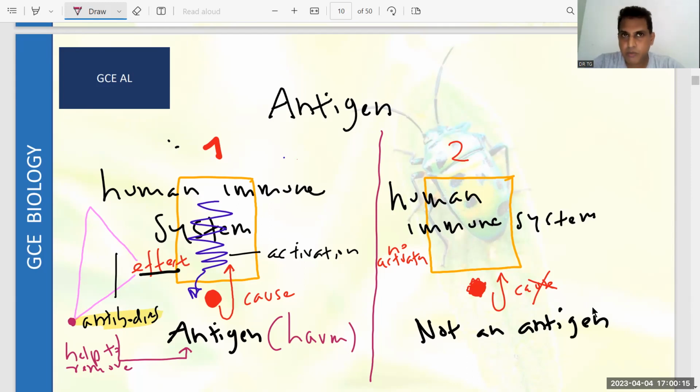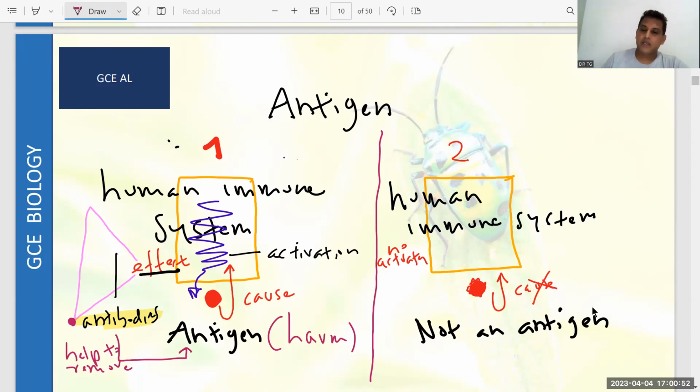If you take animal protein as food, fish, meat, some of the proteins are not related to our body. But generally, if we take this kind of protein, the body usually does not react. If you take a medicine, a drug, this drug is a different chemical. It is not a part of the body, but the immune system is not activated.